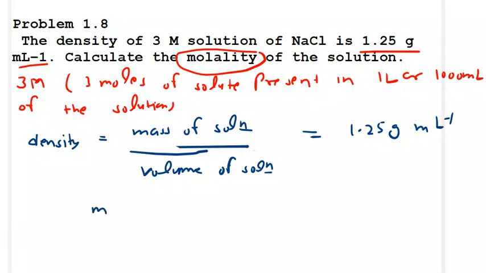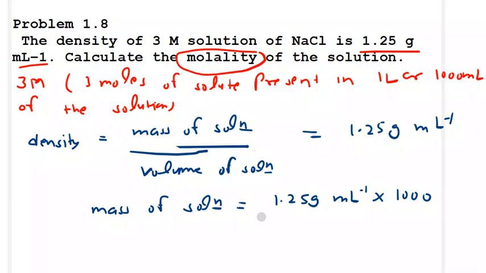Mass of solution is equal to 1.25 gram per ml multiplied by 1000, which is the volume of the solution.